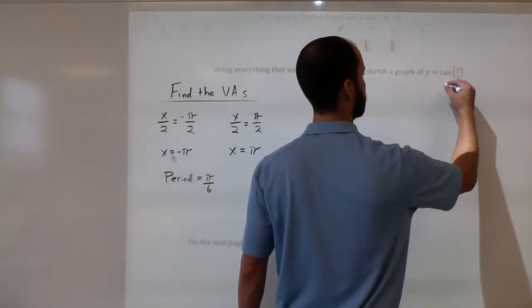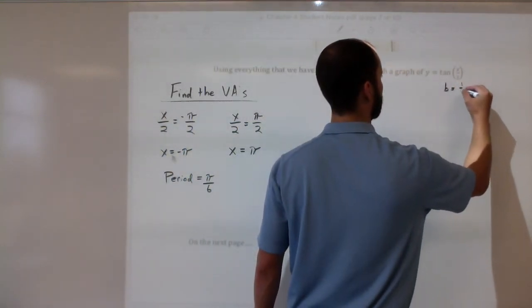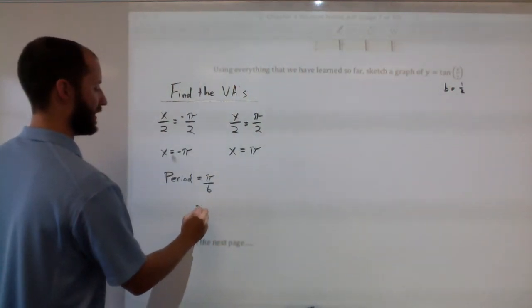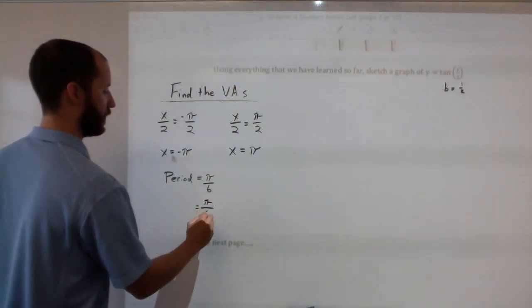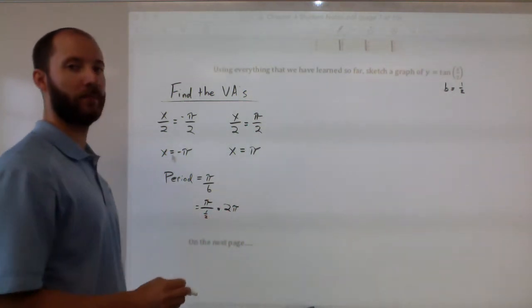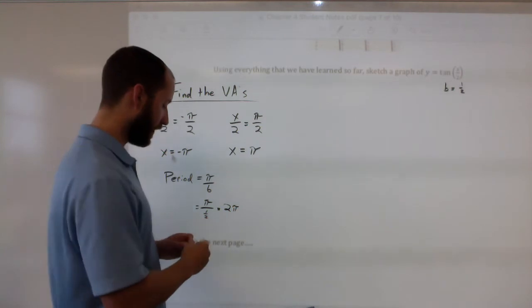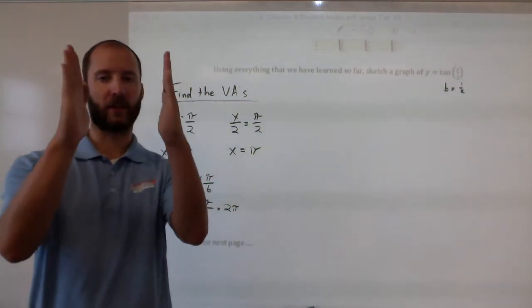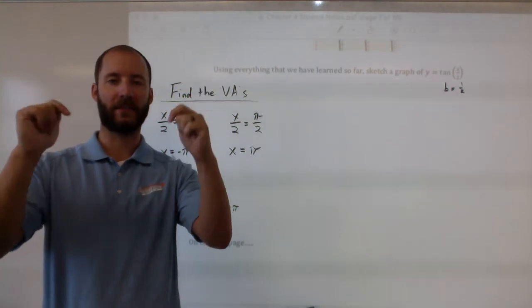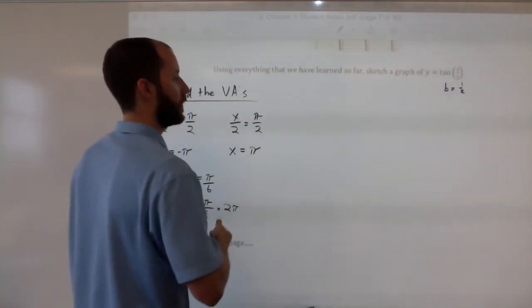Up here, our b value is 1/2. So if we take pi divided by 1/2, we get 2 pi. So instead of 1 pi in between our vertical asymptotes, now we need 2 pi. So our vertical asymptotes get spread apart.